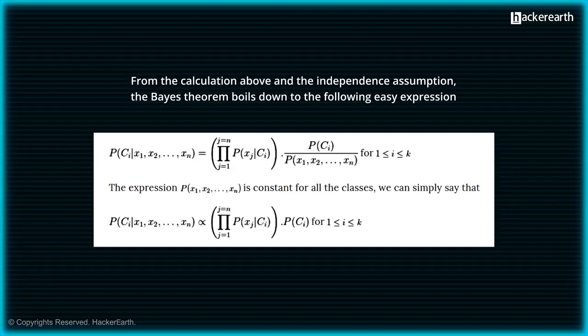The expression of P of x1, x2, up to xn is constant for all the classes. We can simply say that probability of Ci given x1, x2, up to xn is directly proportional to the product j equals 1 to n P of xj given Ci into P of Ci for i between 1 and k.